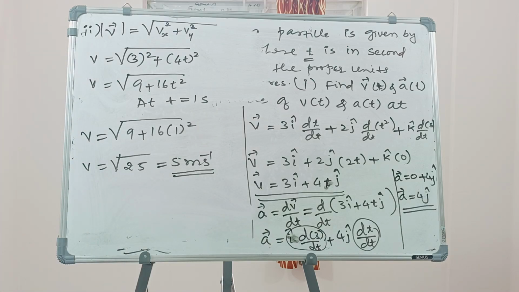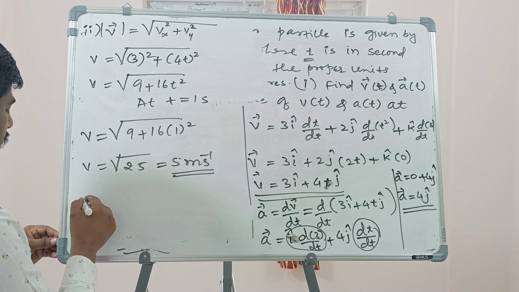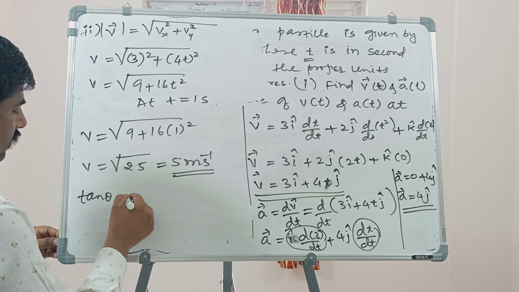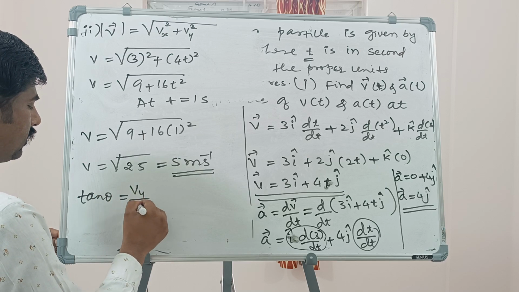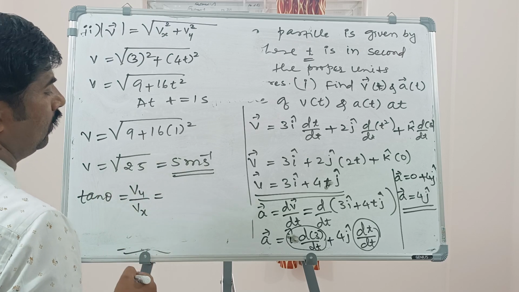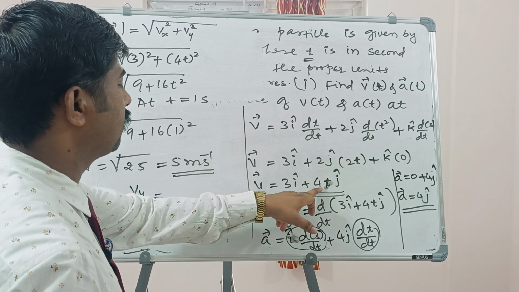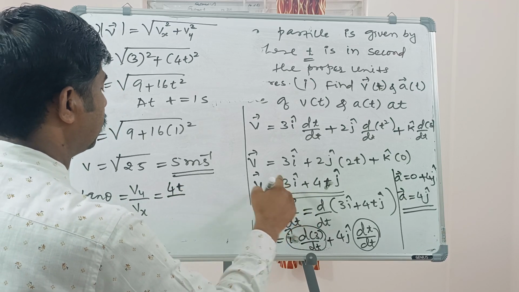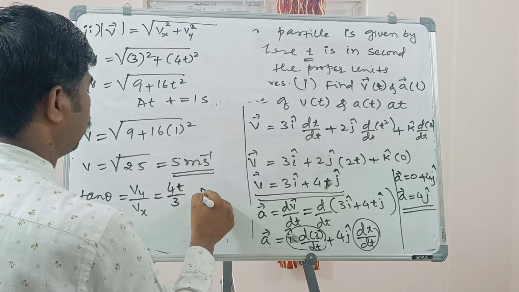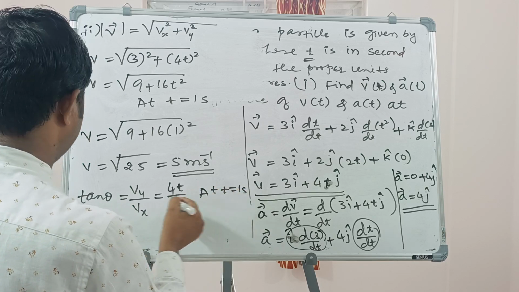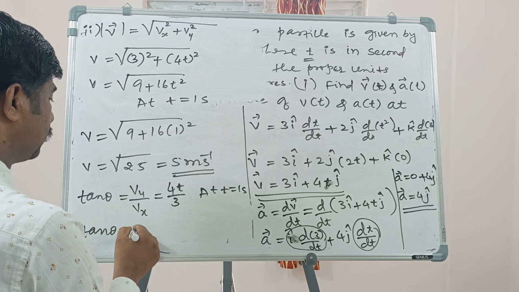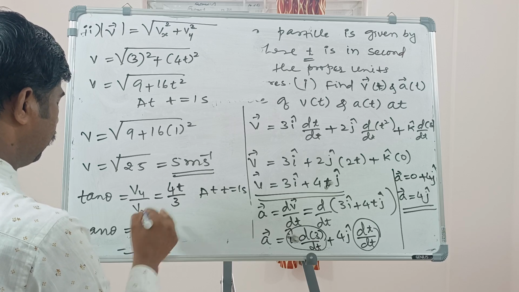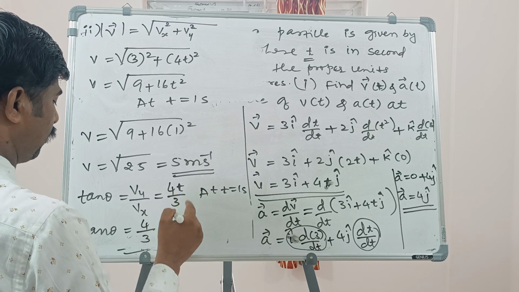Okay. Then go for acceleration, the magnitude of acceleration. Before that, I will calculate the direction of this velocity. Tan theta is equal to the vertical component of velocity divided by the horizontal component of velocity. The vertical component of velocity is 4t, divided by the horizontal component of velocity, which is 3. At time t equal to 1 second, substitute here: tan theta is equal to 4 by 3, t is equal to 1, 4 by 3.